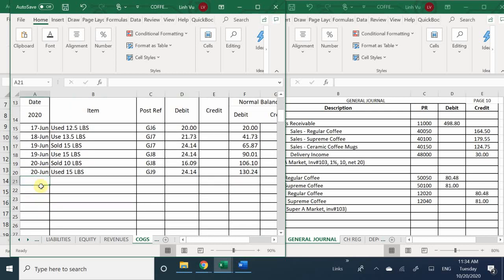Cost of goods sold for regular coffee. We sold 50 pounds. I'm missing every single letter. It is so sad. Okay, so general journal number 10. How much of my coffee did I sell? 80.48.